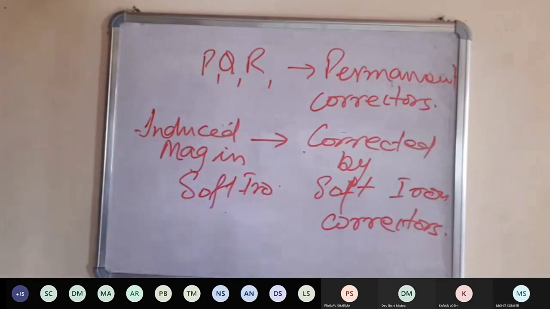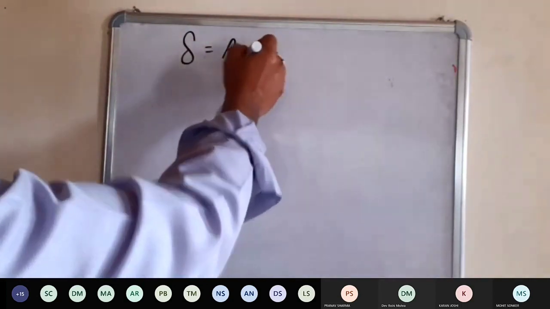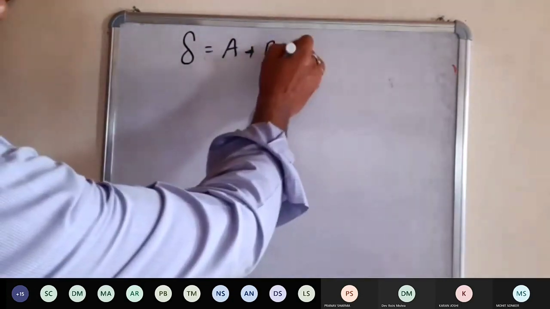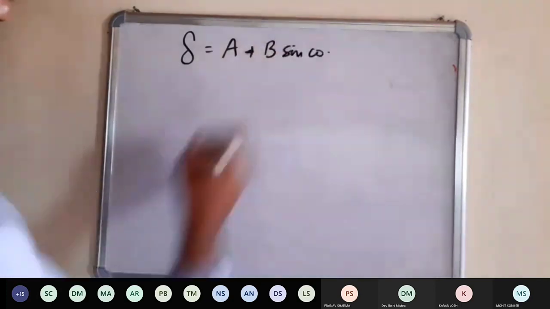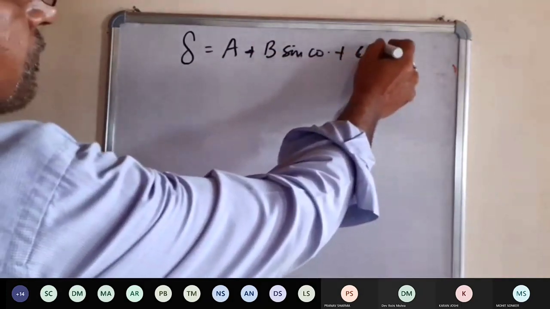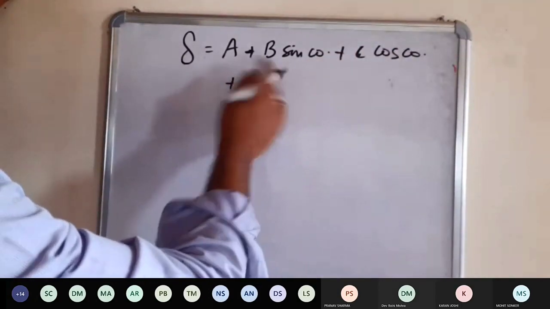सो B के बारे में हम लोगों ने जो देखा है, what was the formula for the total deviation please? A plus B sin cos plus C cos cos plus D sin 2 cos plus E cos 2 cos.